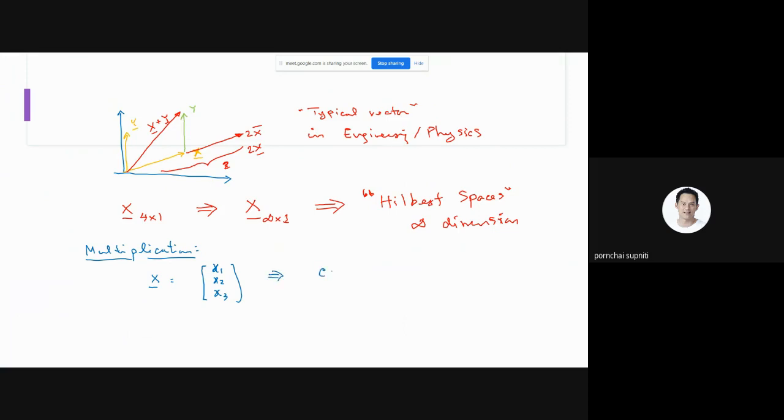If I have c multiplied by x, we just have cx1, cx2, cx3, cx4, and so on. For example, if I have x equal to 1, 2, 3, and I want to find 2x, what do I get?